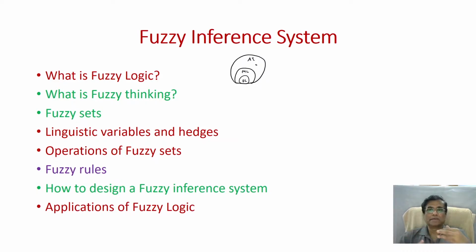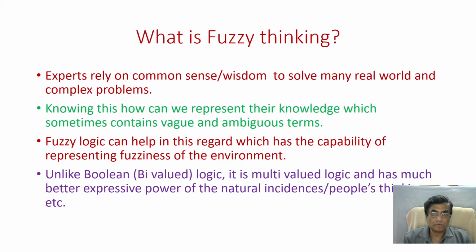So it can actually help you in solving many real world problems which cannot be solved otherwise so accurately. Okay, so it has tremendous expressive power, which we are going to study in a couple of lectures. Okay, so see, say we are solving some problem in the agricultural area.